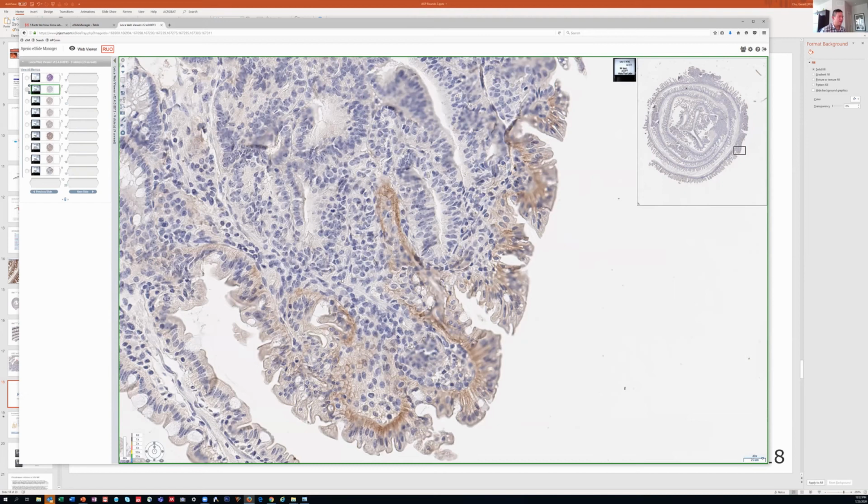Well, one, I've now seen this with a couple of different antibodies. And two, I also have more confidence in total EGFR.